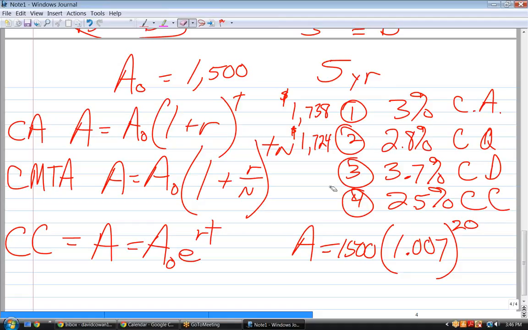Okay. Let's do the third case. Compounded daily.